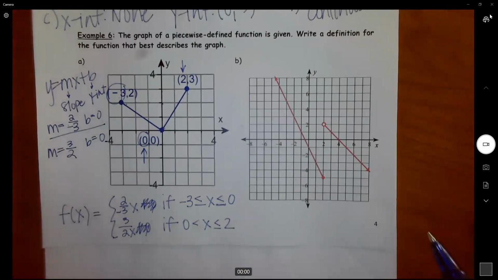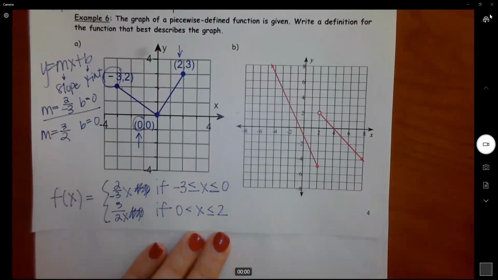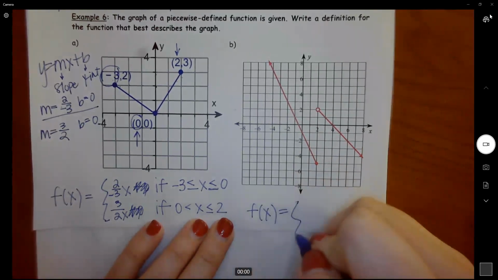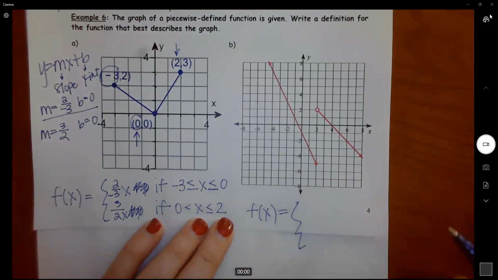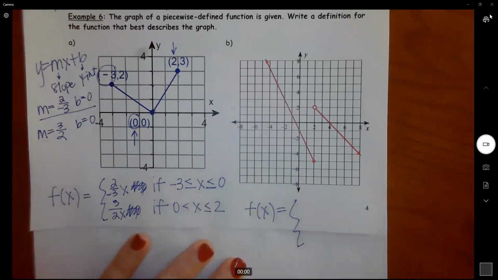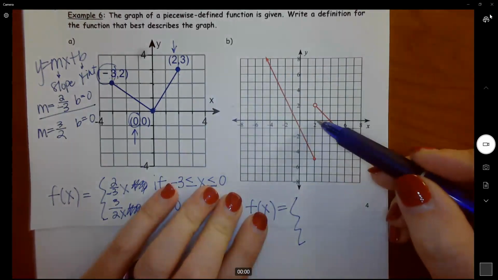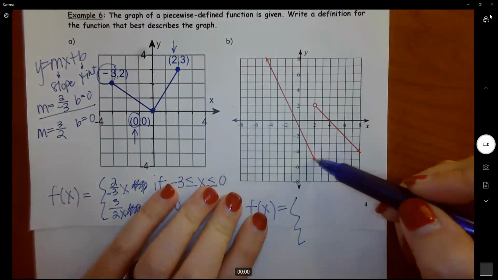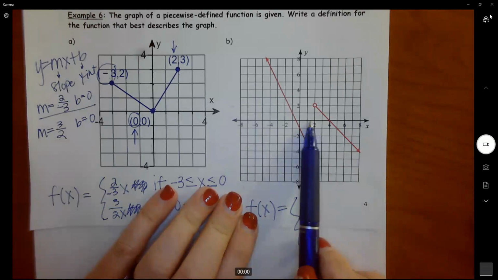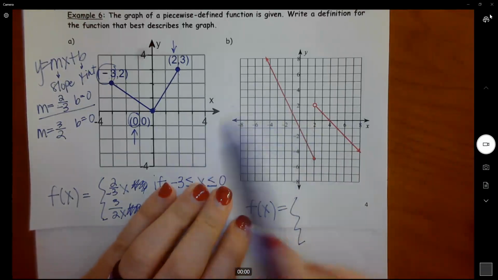Okay, let's try again. I again have two lines, so I know I have two equations. In this portion, the condition is always the easiest. So in this one, it is starting at 2 and it has a closed circle, and it's going to use all of these x values that are less than 2.